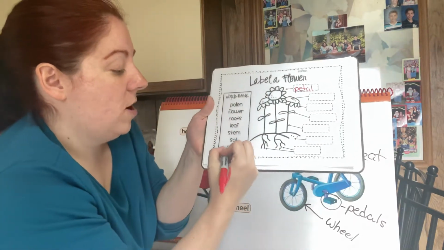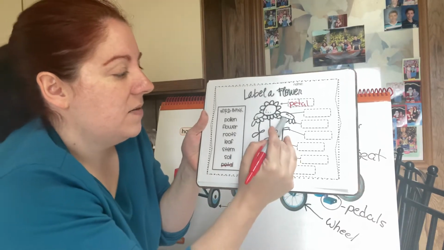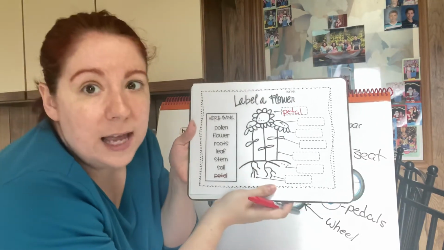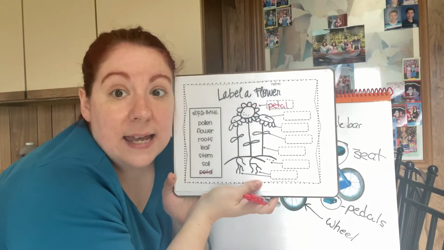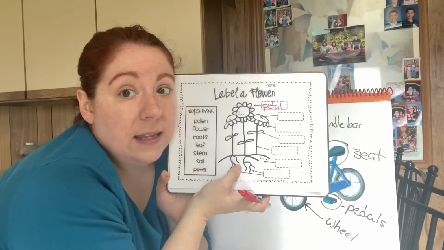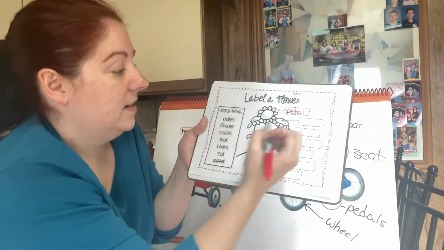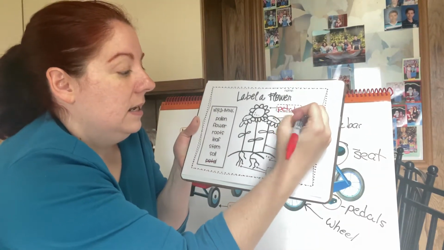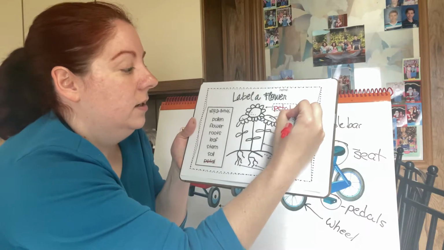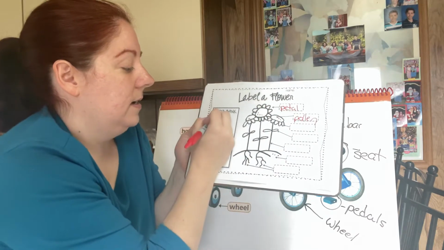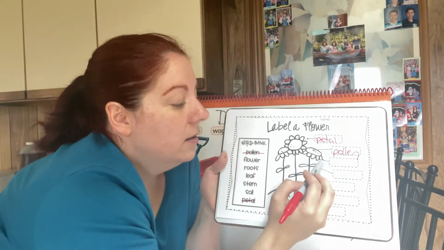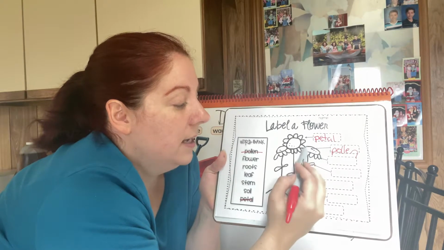All right, so now I've used the word petal. How about this? The little spots on the flower that the bees get. You remember we talked about bees getting this for free food when we talked in science? Okay, this would be bee pollen. Okay, now, this is pointing to this, but we're going to take it as the whole thing.